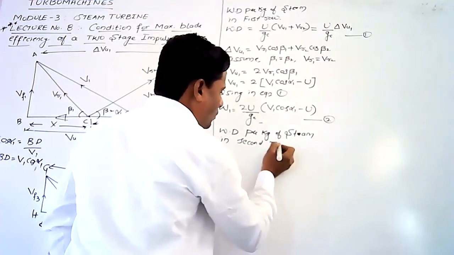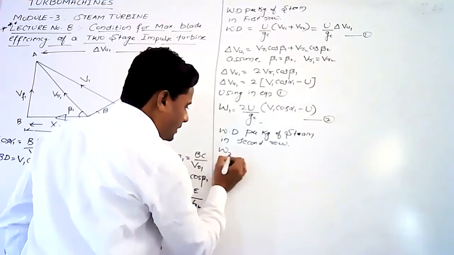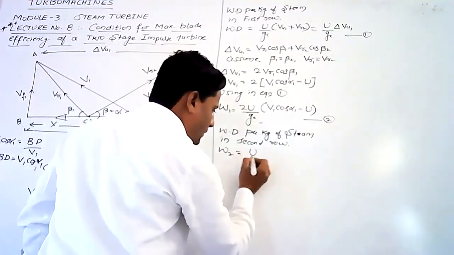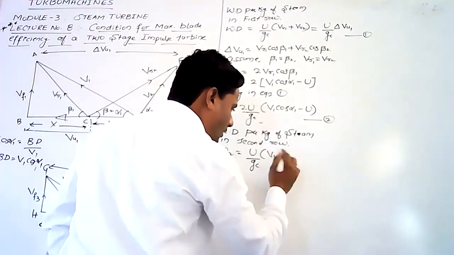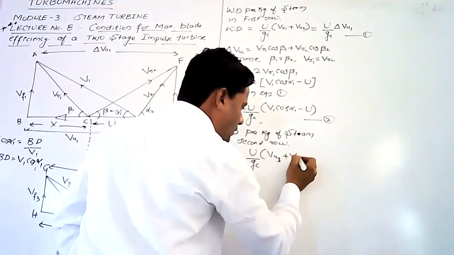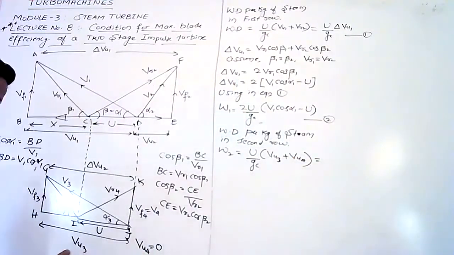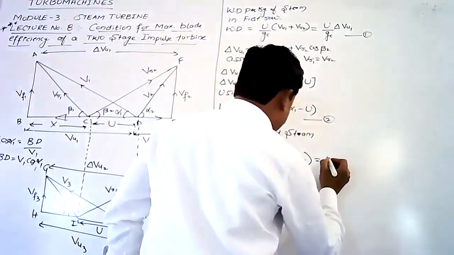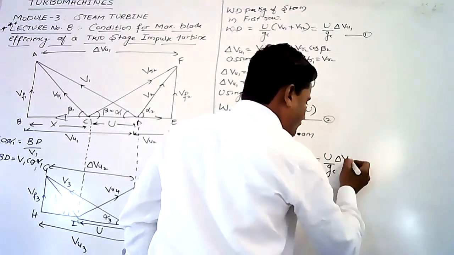So I can write it as W2 equals to, listen here carefully, here also same U by GC into VU3 plus VU4. And of course, VU4 is equal to 0. So VU3 can also be written as delta VU2. U by GC into delta VU2.